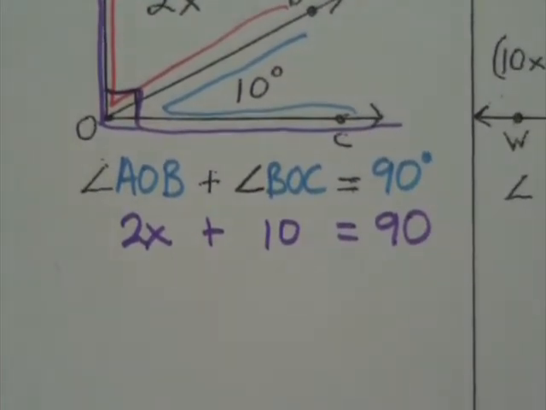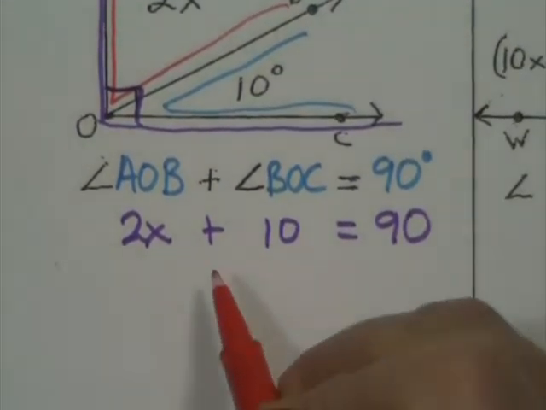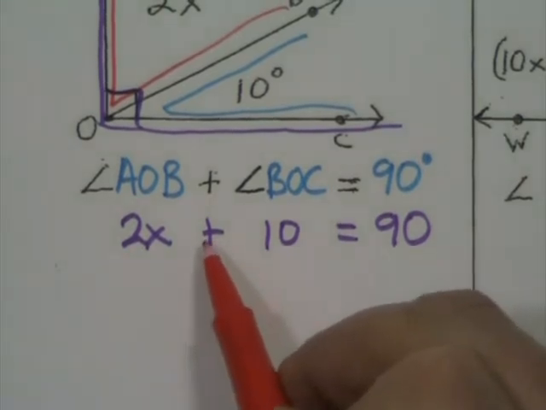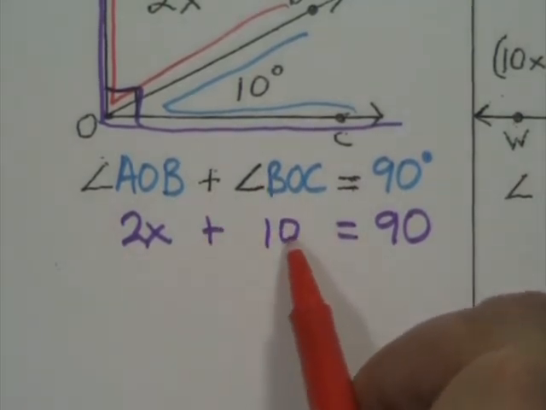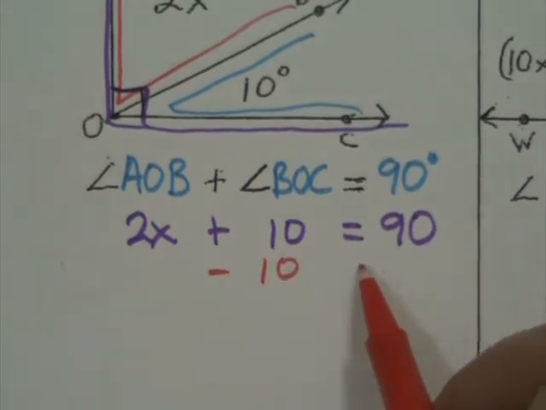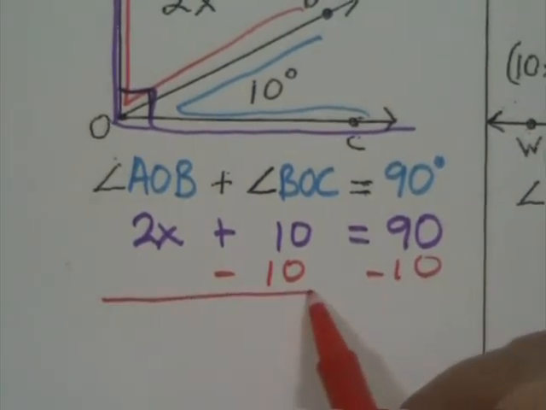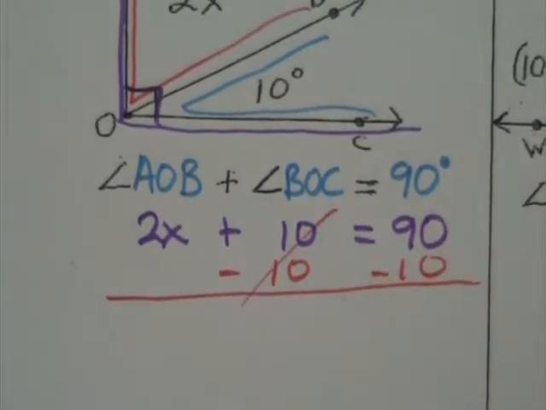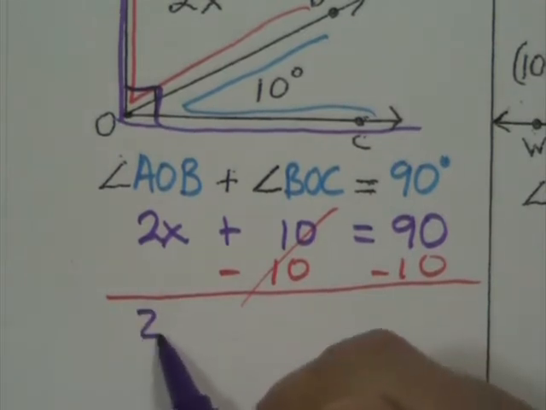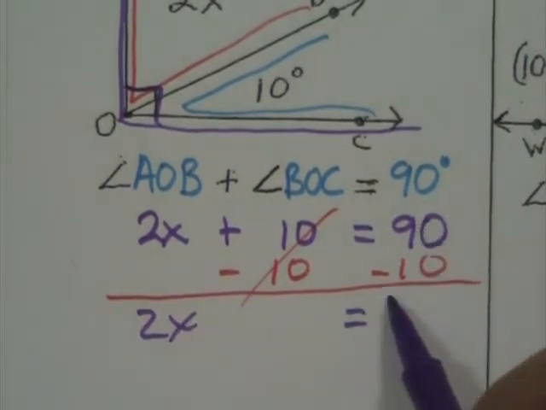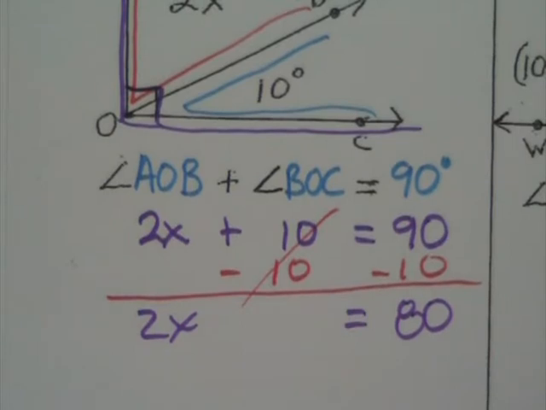Okay, what we're going to do now is solve for x. So we will do the opposite. Instead of adding 10, we subtract 10. Okay, that's gone. Then you're left with 2x equals 80.